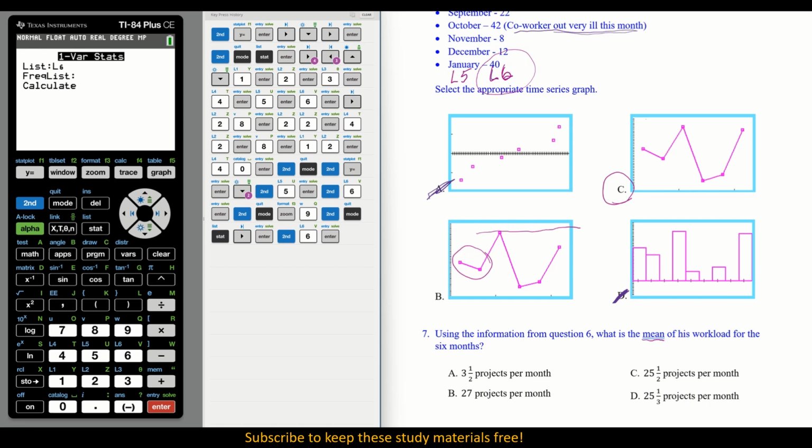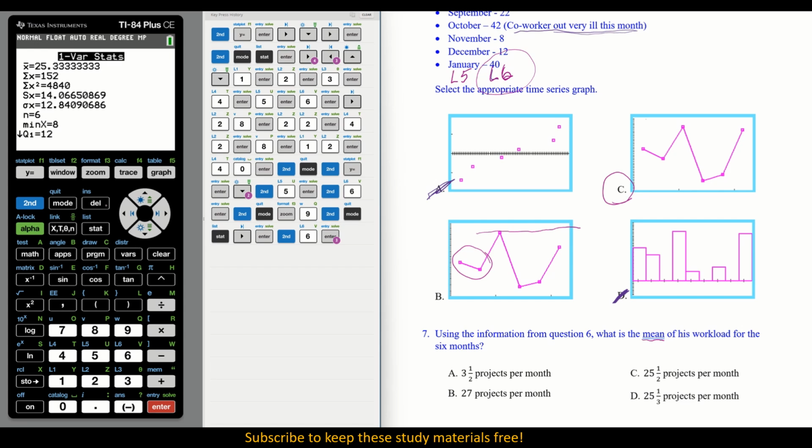You don't want the frequency table, so enter, just L6 by itself. And the very first value, that is the mean. The x-bar actually means mean of your sample data. If you watch other videos with me, you know what that means. If not, this is also something where all of these items mean something under 1-Var Stats.